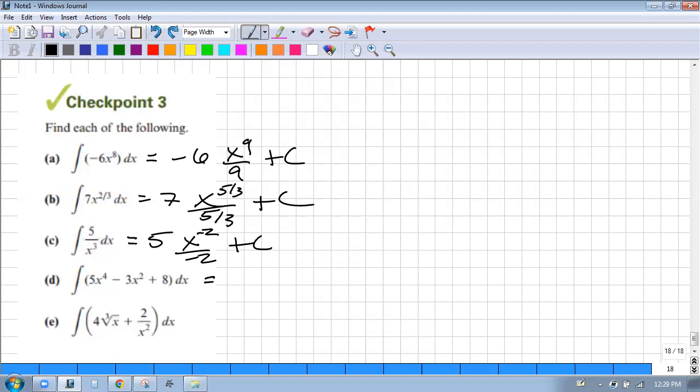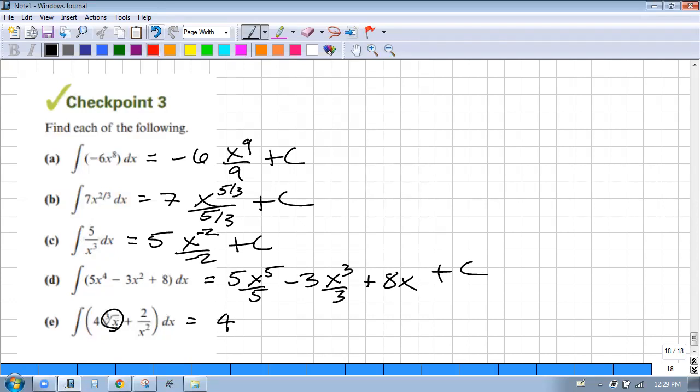This guy here, I would pull the 5 out. The x to the 4th would become an x to the 5th over 5. Then I'd have a minus 3. The x squared would become an x cubed over 3. And then the 8 would just become an 8x. The derivative of 8x is 8. And then I need plus a constant. All right, here I have a 4.